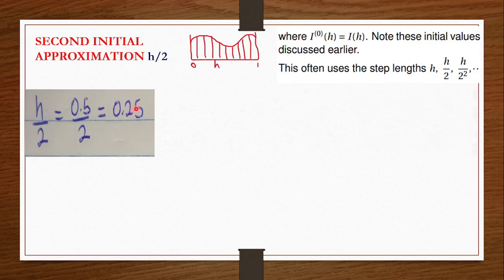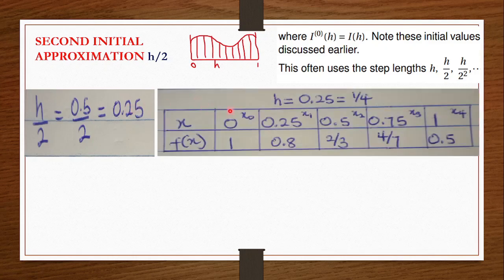So with this h value, we can draw a table, right? When we draw the table, this time we are starting from 0, then we add 0.25 to it, another 0.25, another 0.25 until we get to 1, which is the final value here. Then we come and put the x value, which is 0, inside the formula here. Alright, then we get our f of x naught value here.